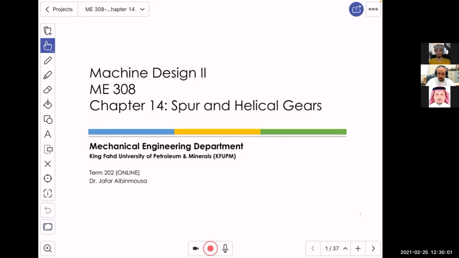Now, what I want to tell you is a really, really important idea for you. I am very happy that the department decided that we are going to talk about spur gear and helical gear, and luckily, both of them are in the same chapter. There is another chapter, which is 15, and it is about bevel gear and worm gear.